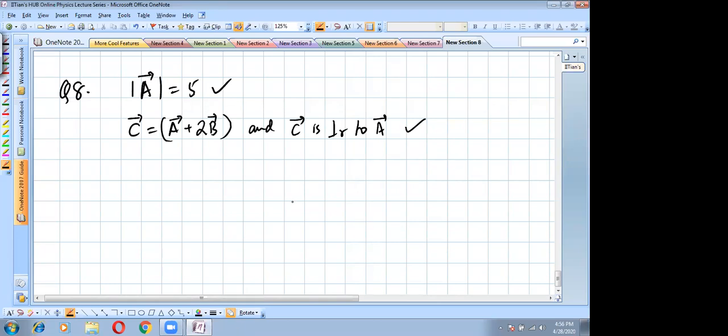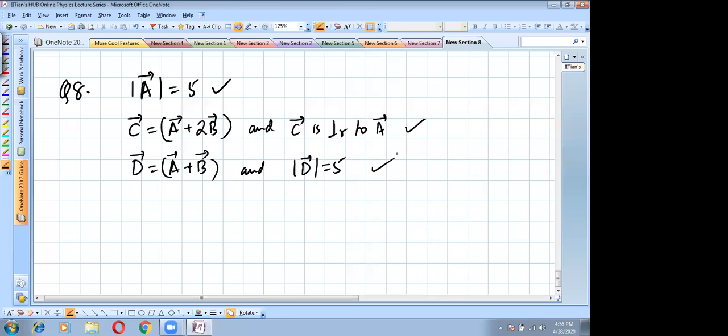Whereas now the third thing that is given to us, that the vector D is actually the resultant of A and B. And the magnitude of vector D is the same as magnitude of vector A, which is 5.